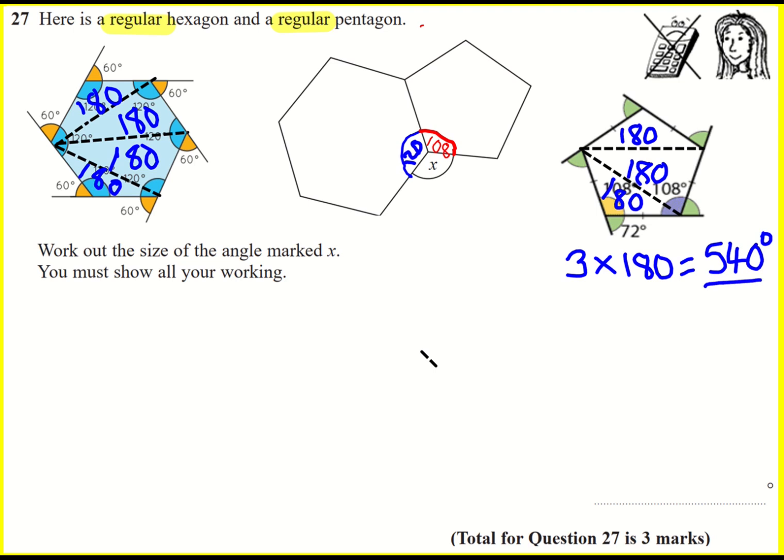Inside this hexagon, there are 4 lots of 180, which is 720. So that is the interior sum. I'm just going to rub all this out so I can just see the wood for the trees here.